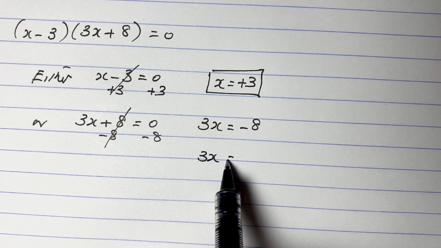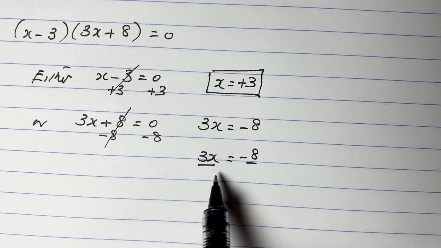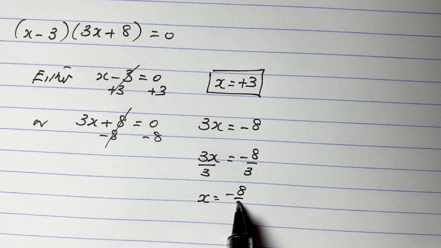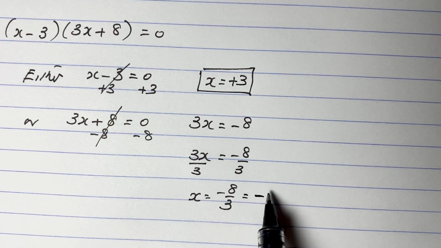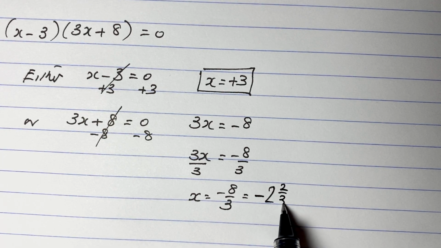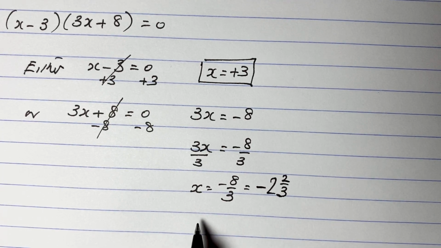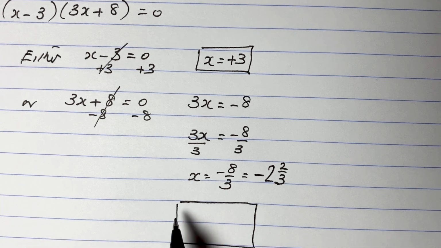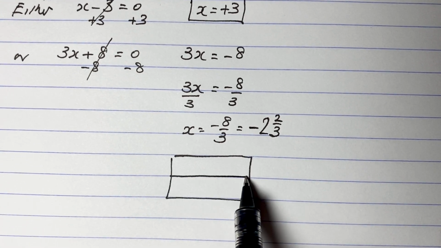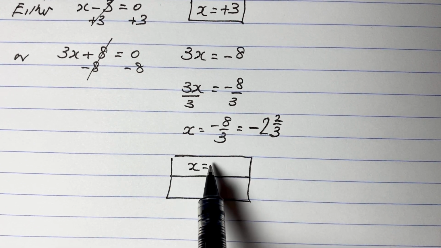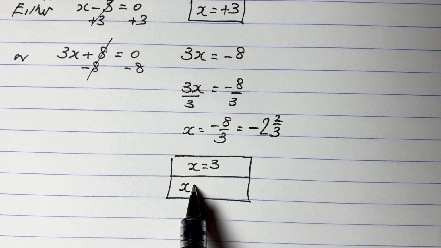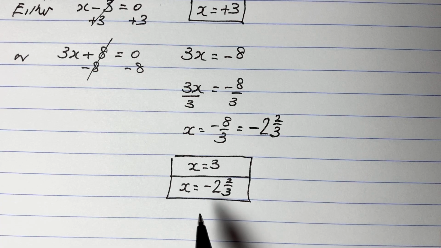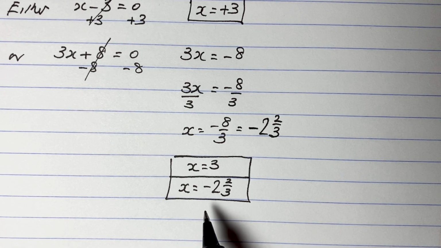Divide both sides by 3. So x equals minus 8 thirds, which is minus 2 and 2 thirds. So put the answer to this question together in a box. Two values, x equals 3, and the other one, x equals minus 2 and 2 thirds. The same two answers that we got previously by formula.